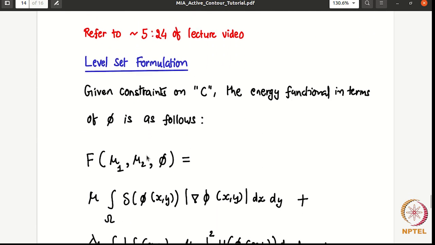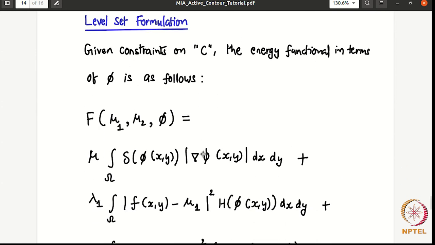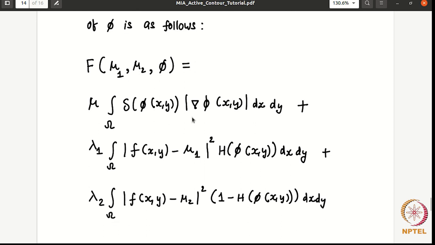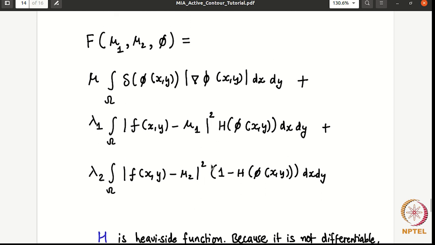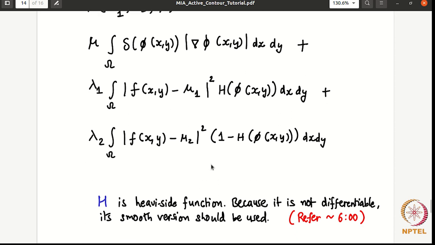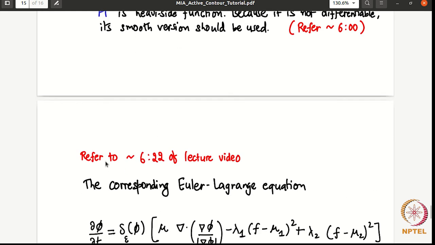In the level set formulation, given constraints on C, the energy functional in terms of phi can be written as follows. Here h is the Heaviside function, so because it is not differentiable, its smooth version should be used. Please refer to this timestamp in the lecture to know what smooth version we should use.